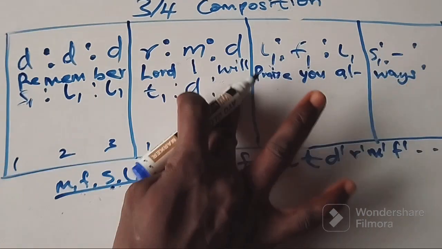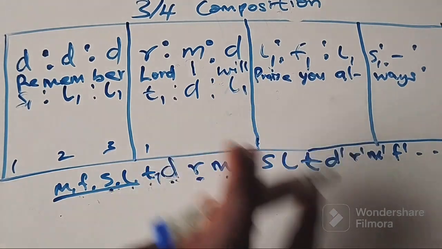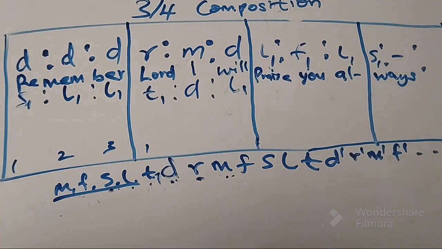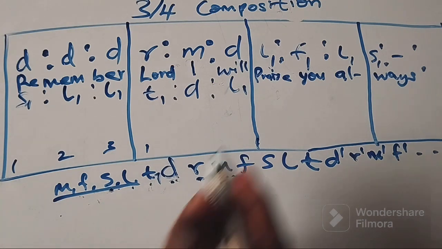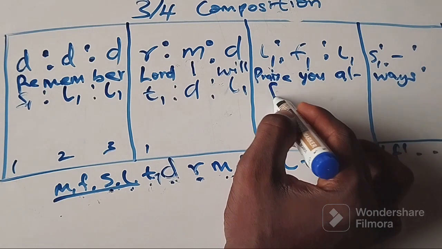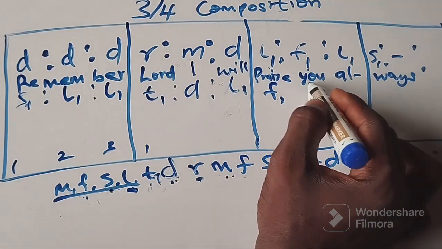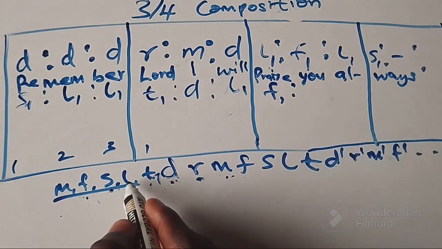Remember, it is la down, not la up. If you put la up, the tonality will be off. Then they are singing la here. I will sing fa here. The soprano is singing la. Soprano is singing fa.